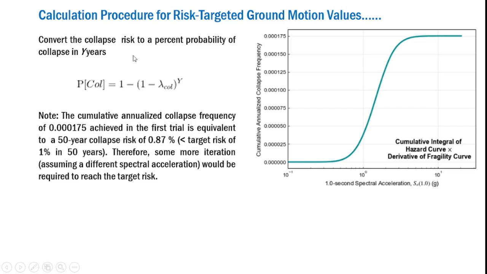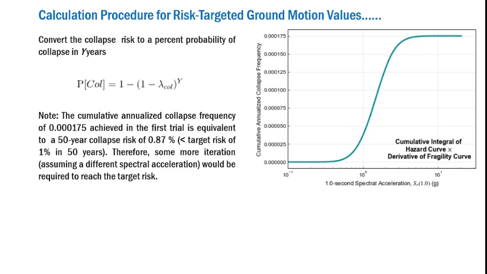So we need to convert this collapse risk into a percentage probability using this simple expression: P collapse is equal to 1 minus (1 minus lambda col) raised to Y. When you put Y equal to 50 years and lambda col equal to 0.000175, you obtain the percentage probability of collapse as 0.87 percent.